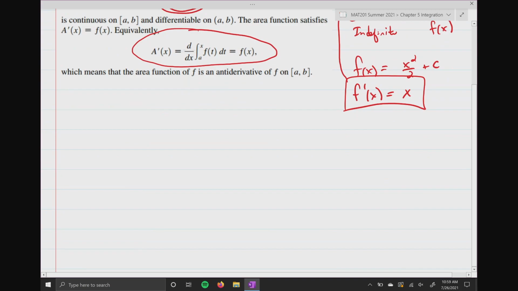So let me show you how we actually kind of prove this. So let's say, for example, we have a continuous function. So assume a function f is continuous on the closed interval from a to b.